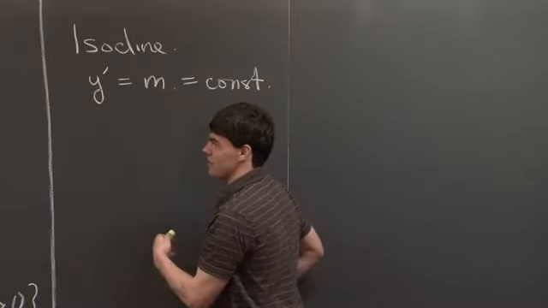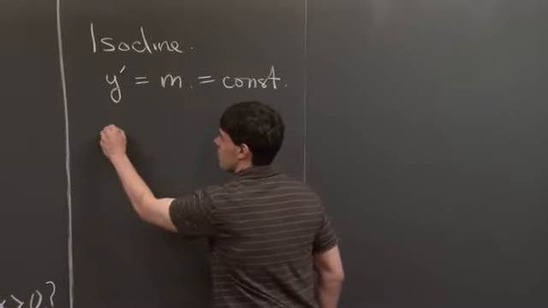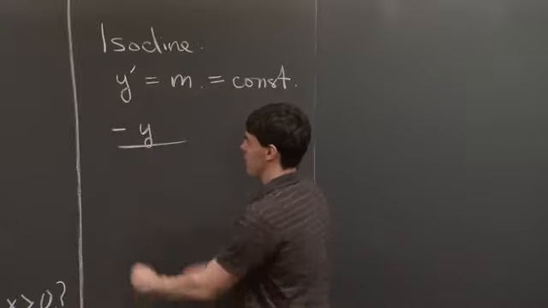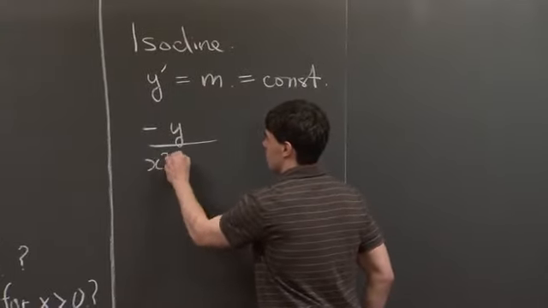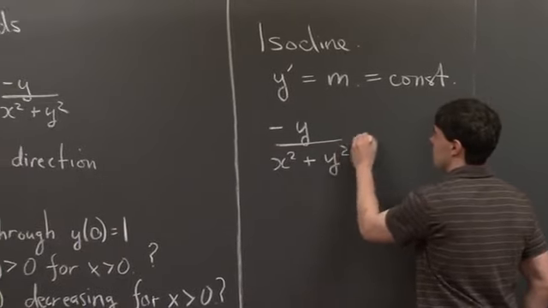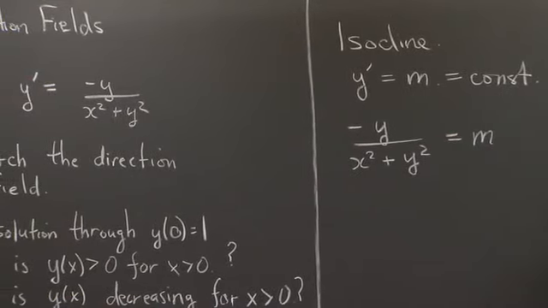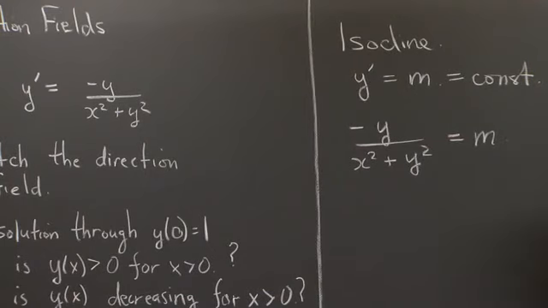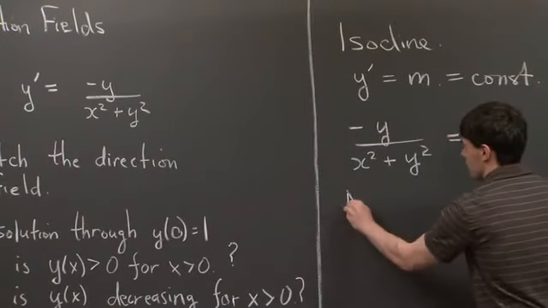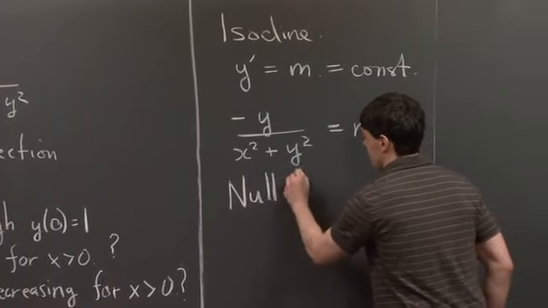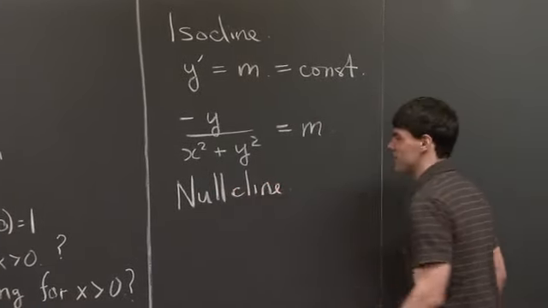So what are the isoclines for this differential equation? Well, it would be minus y divided by x squared plus y squared equals m. Now, of particular interest, there's a very special isocline which is usually the easiest to plot, and that's a nullcline.